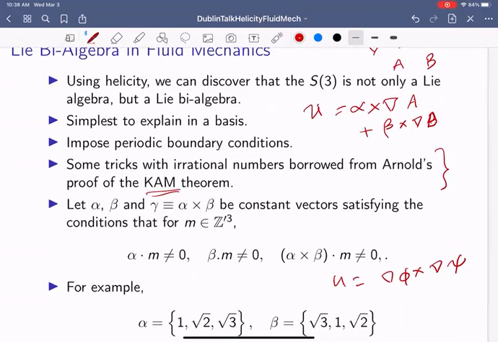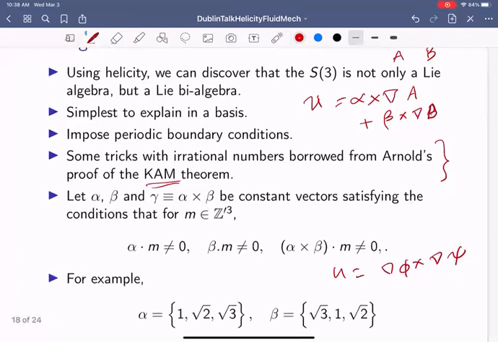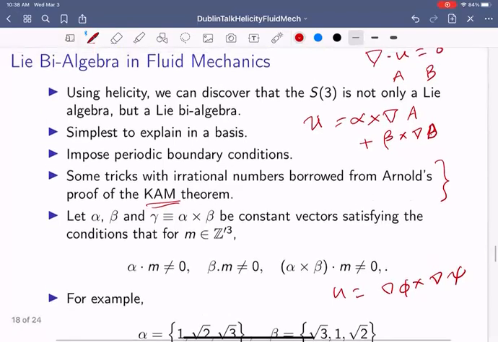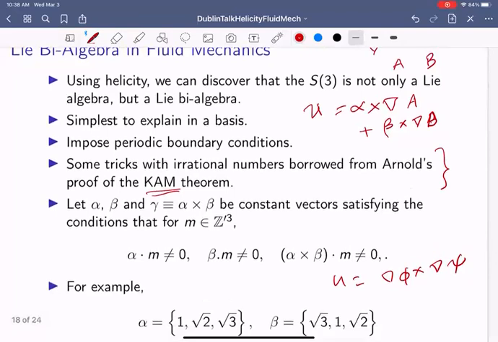With a little trick using irrational numbers, I choose alpha and beta to be a pair of vector fields with irrational components. Irrational components means that the orbit generated by that vector field is dense in the torus. Why is that important? It means that there is no scalar that is constant along those orbits, which means that this operator alpha cross gradient is in some sense invertible.